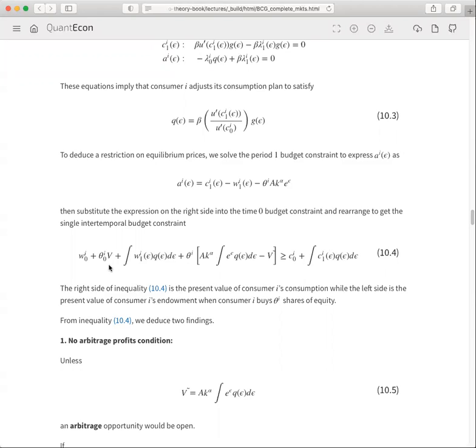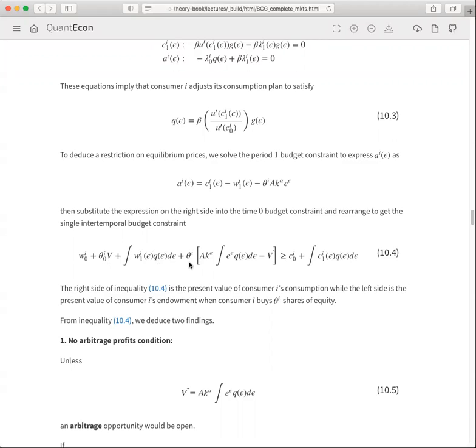So if we look at that, this first term is my time zero endowment of person i. The second thing is my initial value of the shares, the value of the firm that I own, that I'm endowed with. Here's the present value of my second period endowment.